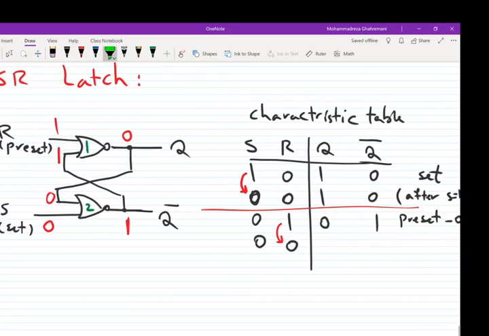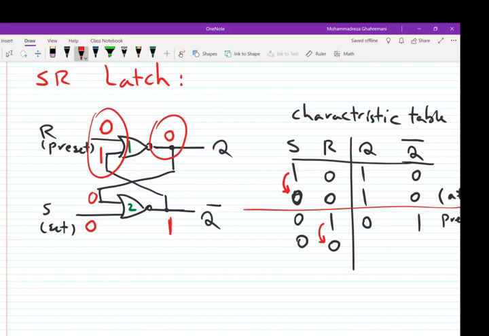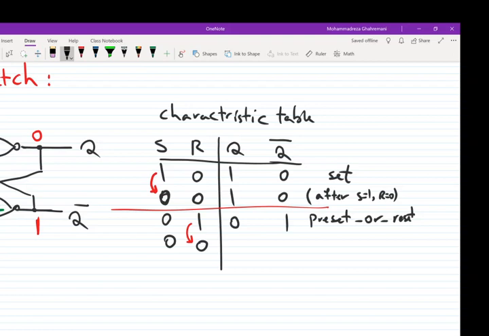So let's see. If reset changes from 1 to 0, let's apply those changes and see what we will have. If reset changes from 1 to 0, so here we will have 0. It's 0, 1. Still, the output is 0 and no changes. So the output will be 0, 1.